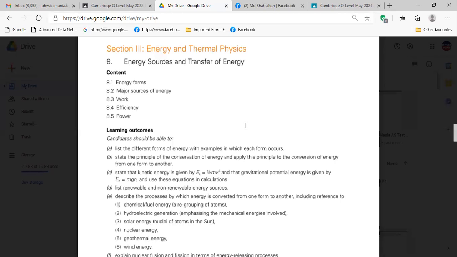Is it clear now? Have you understood what I said? Like if you use only 1 kg of uranium, you can run a nuclear power station for a long time.